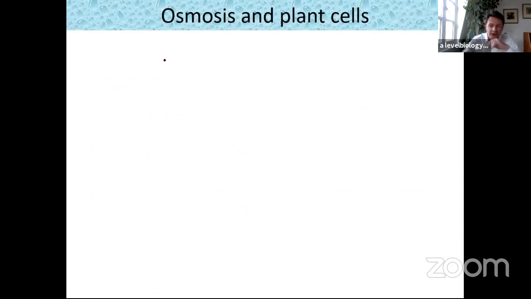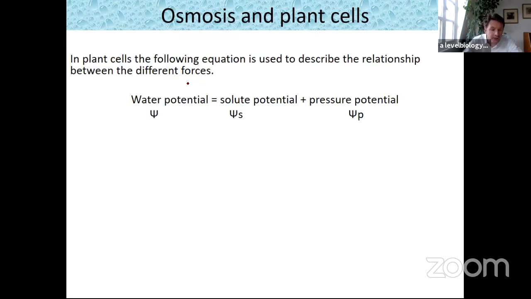Now, plant cells are slightly different because plant cells have got a fully permeable, rigid box around the outside with tensile strength. So with plant cells, we have something called a pressure potential. Actually, I'll do this on a whiteboard.